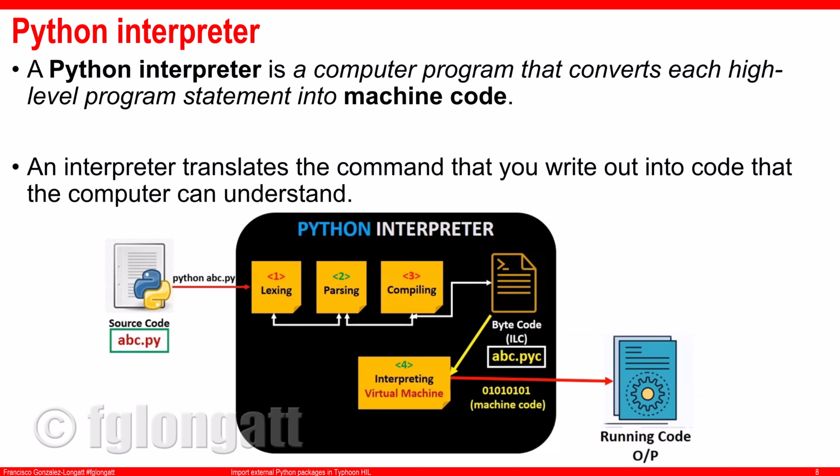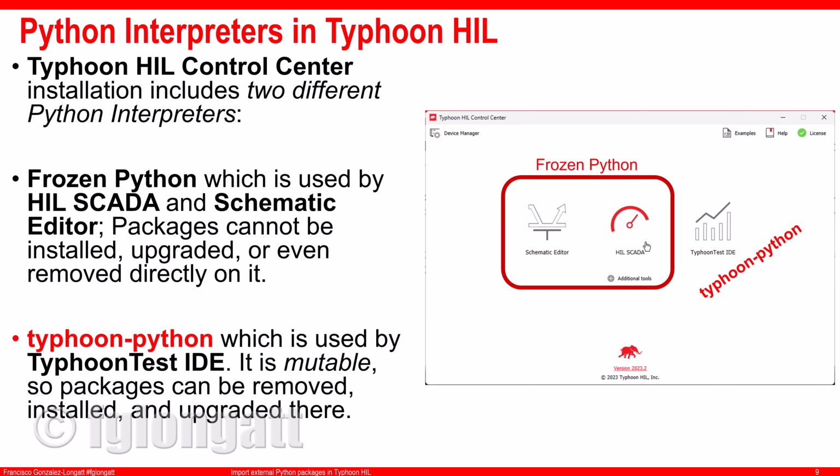Inside the Typhoon HIL framework, and specifically the Typhoon HIL Control Center, the classical installation of Typhoon HIL Control Center includes two different Python interpreters. As you must know, the Typhoon HIL Control Center is a framework for different software, and in the case of the HIL SCADA and the schematic editor, the Python interpreter used there is called Frozen Python.